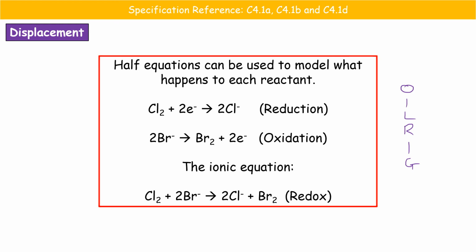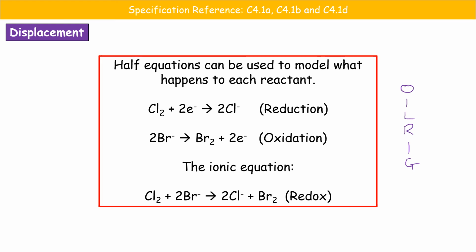If we look at the other half equation, focusing on our bromine, we start off with bromide ions, 2 of them. We're going to make bromine, Br2, and we're also going to have our 2 electrons that were on our bromide ions that we've now released. Because of that, it is an oxidation, because oxidation is the loss of electrons.